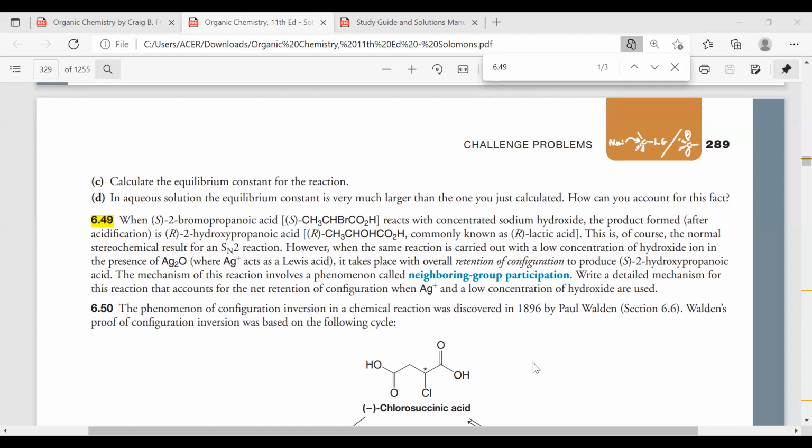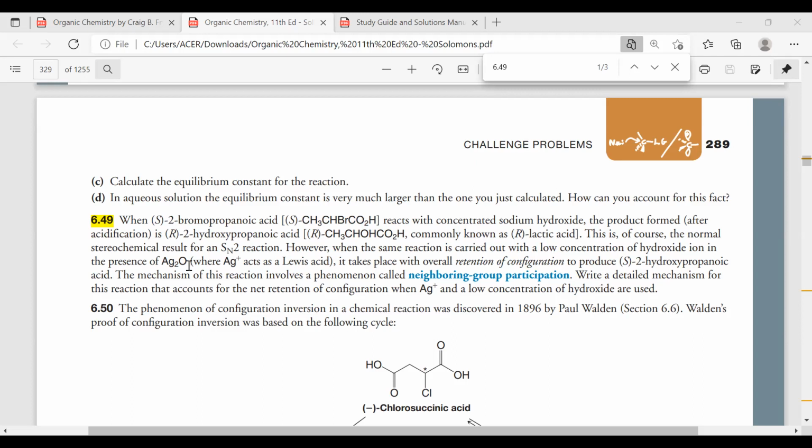First and foremost, we have to write the structure of this CH3CHBr. Okay, so you have your S here, and you have to write it in such a way that it's an S form. Then the product is R-lactic acid.